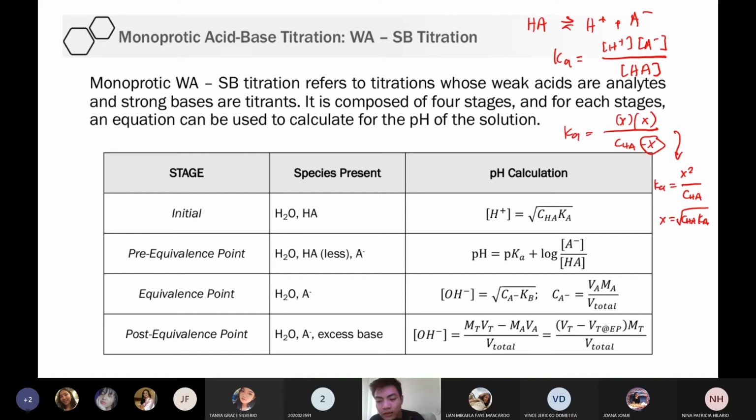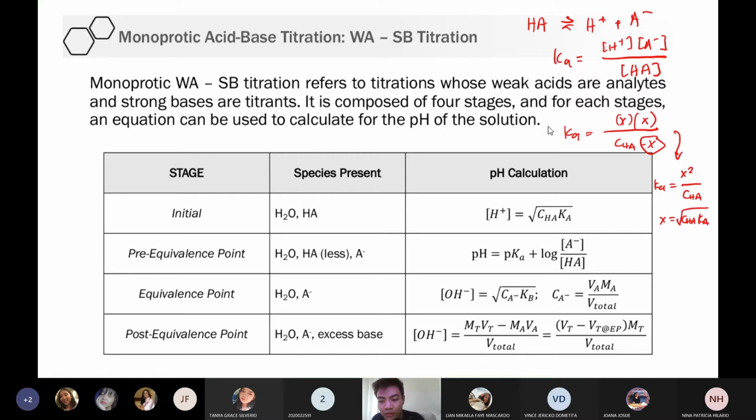Again, in the titration case, we will be assuming that the ratio of concentration of acid over Ka is greater than 1,000 always. Assume na natin na ganun yung case, no? So that mas madali yung calculation natin. However, on other references, they will prefer to use this equilibrium.